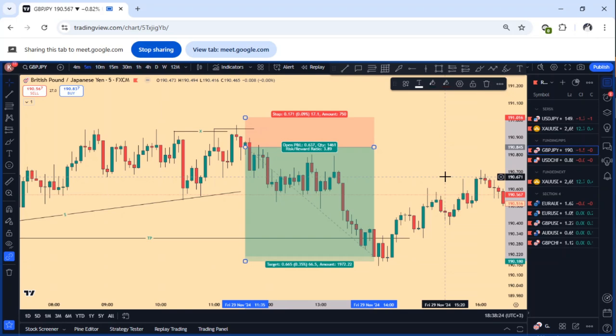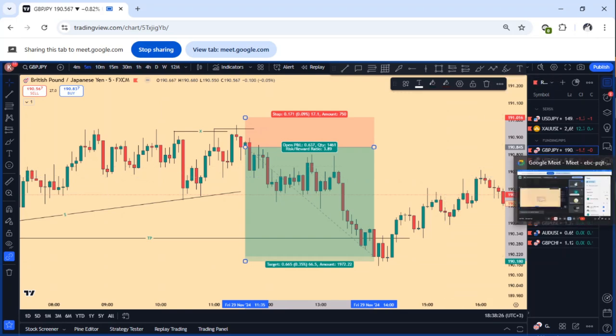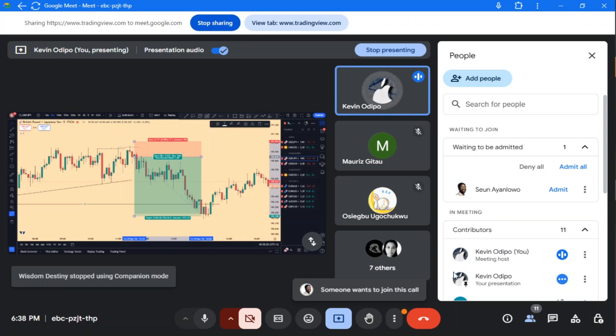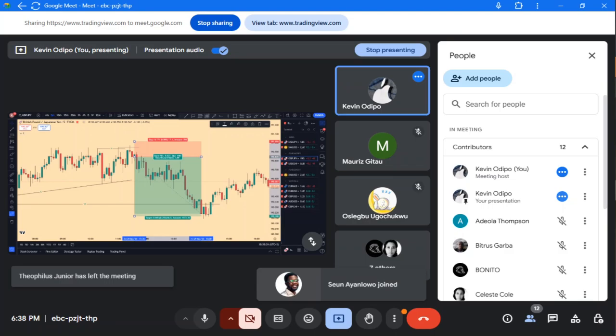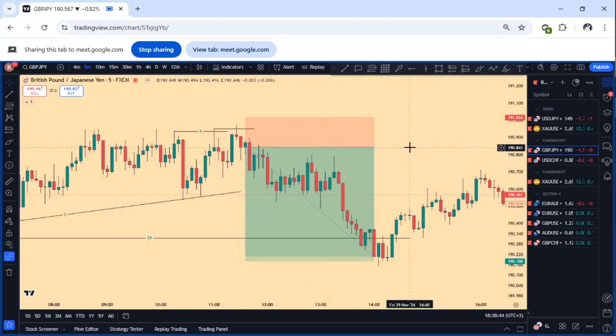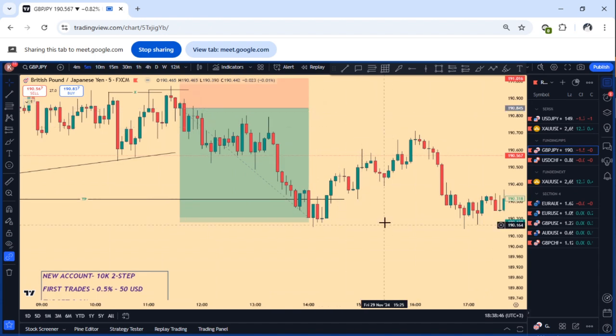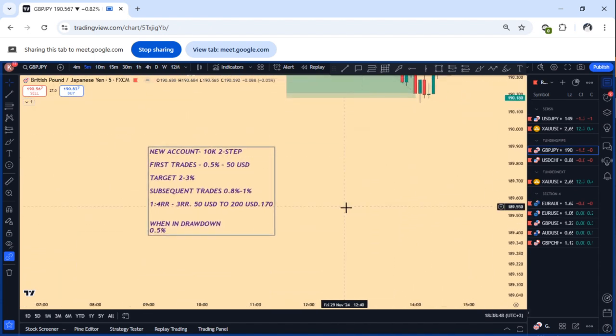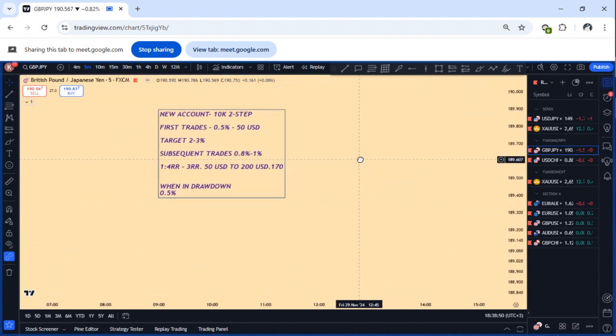So to cover that, I opted to always just let it give me another entry, and then I go again. So that is something that I wanted to tell you. So on this risk management, unless somebody has a question, this is what I strongly advise.